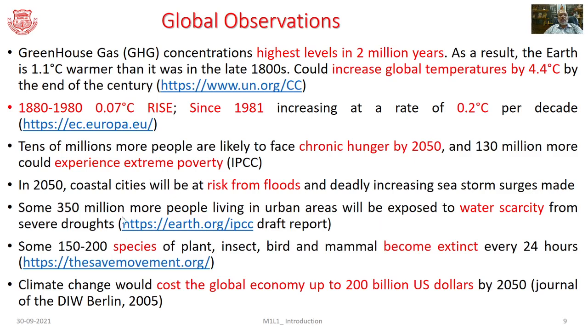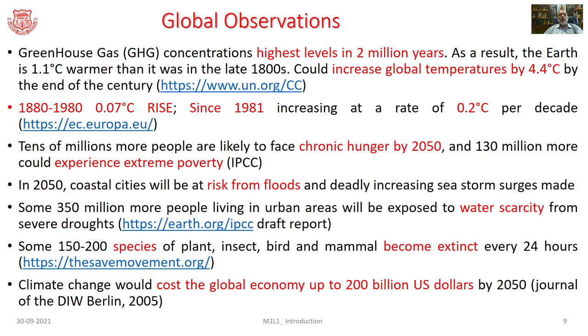Also, some 350 million more people living in urban areas will be exposed to water scarcity from severe droughts. Some 150 to 200 species of plants, insects, birds, and mammals become extinct every 24 hours. Climate change would cost the global economy up to 200 billion US dollars by 2050.